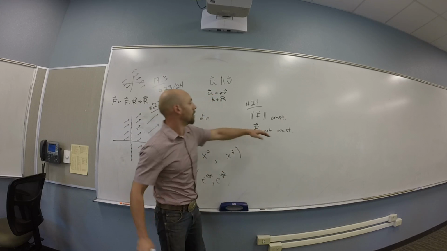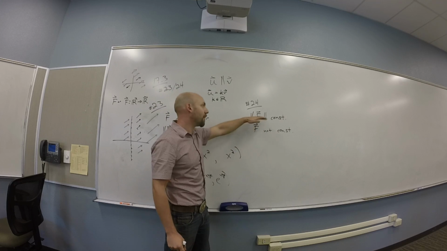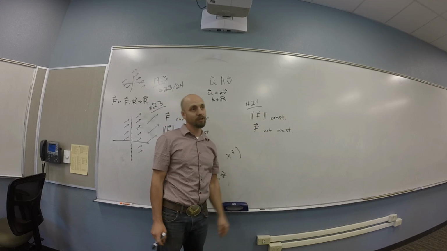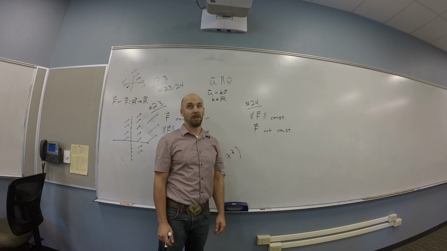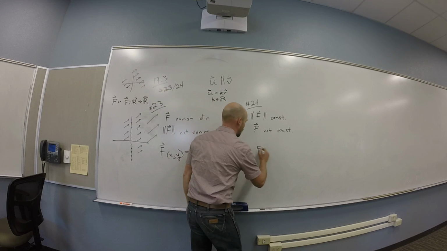All right, so how about number 24, where they ask for the magnitude of f to be constant, but the vector field not? If a vector r is divided by its own magnitude. How do you write that as f of x and y?